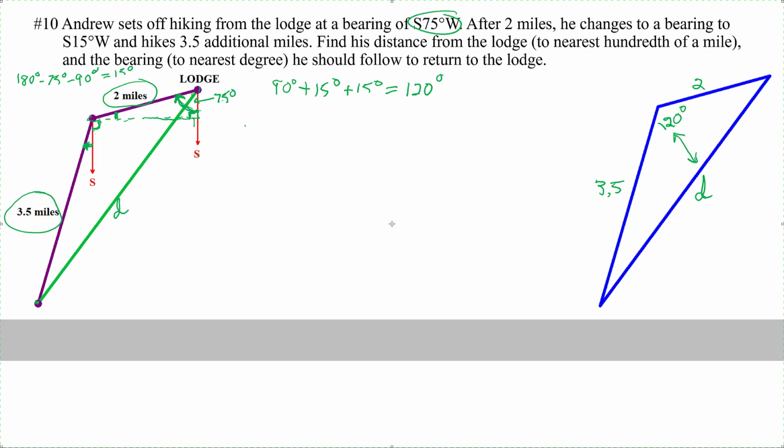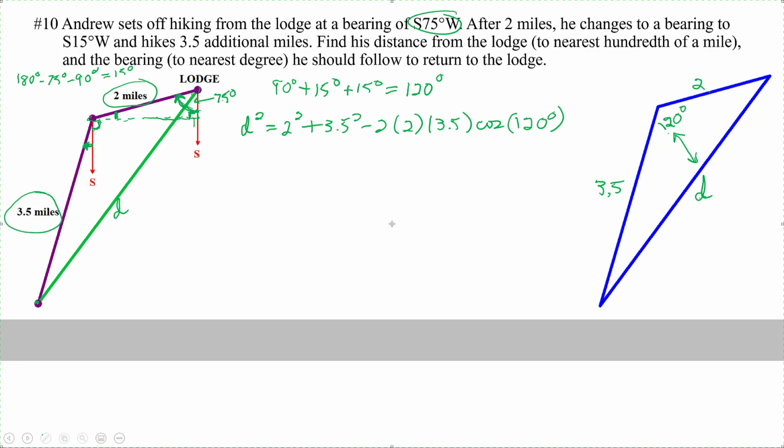I'm going to have D squared equals a second side squared plus a third side squared, minus 2 times the second side times the third side, times the cosine of the angle opposite our length, which is 120 degrees. So we have D squared equals 2 squared plus 3.5 squared minus 2 times 2 times 3.5 times cosine of 120 degrees.